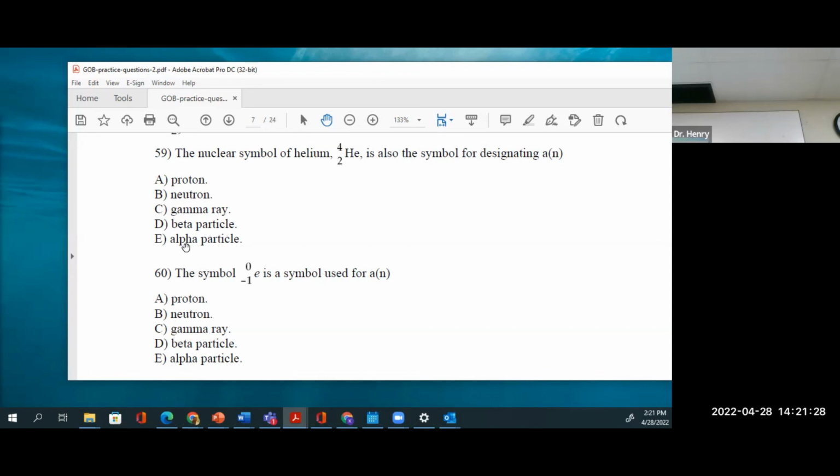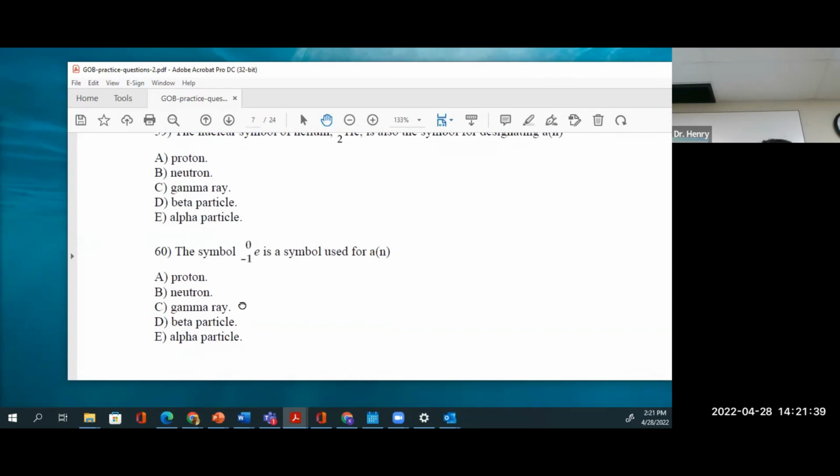So again, we didn't talk about this. You're not going to be responsible for it. So the symbol 0, E minus 1 is the symbol used for proton, neutron, gamma, beta, or alpha. I told you alpha is going to be a positive.